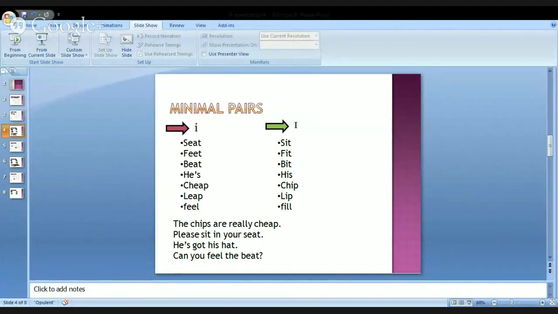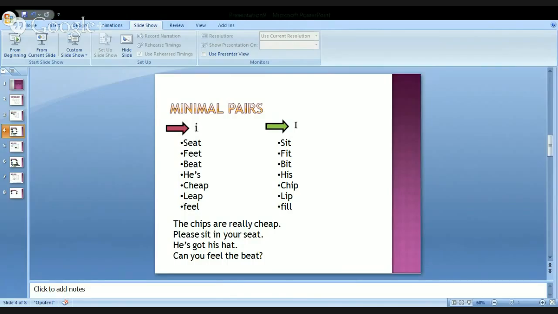Sit and set. Feet and fit. Feet is the left one and fit is the right one, right? No, actually, these are different words. For example, fit is like if you're really in shape, you're really fit, or if something fits you a certain way.